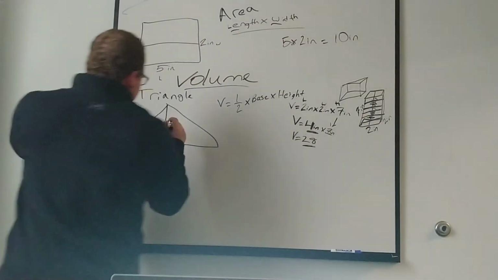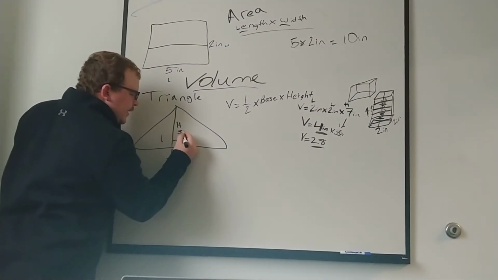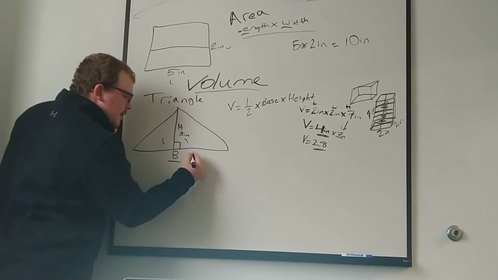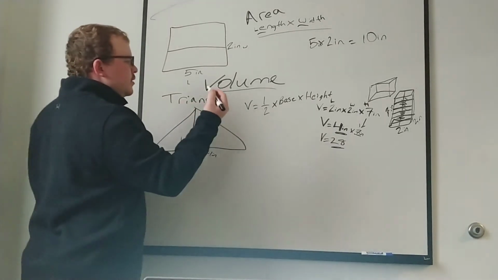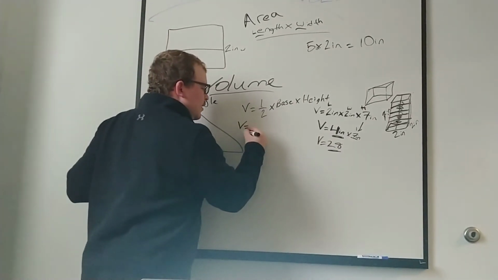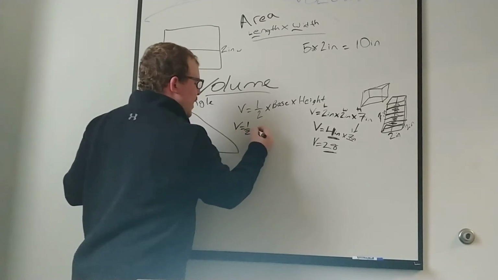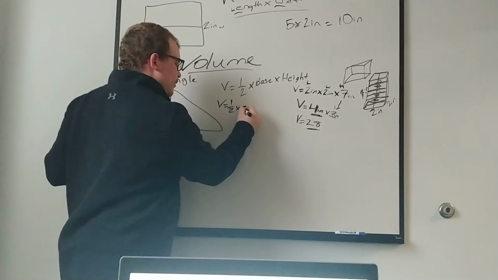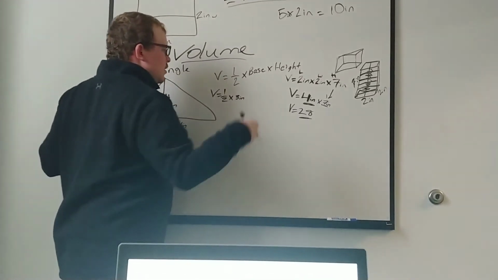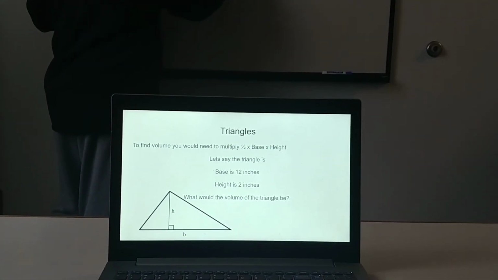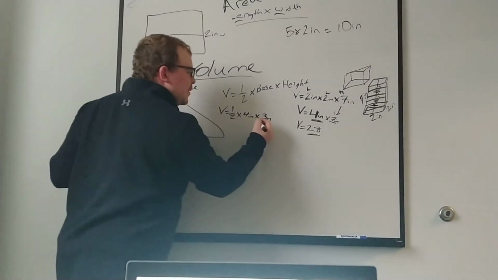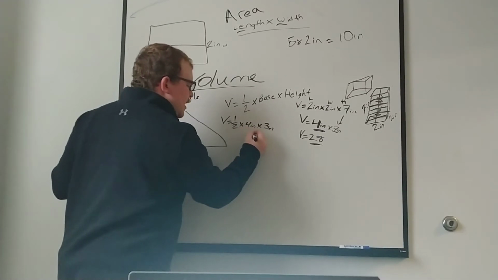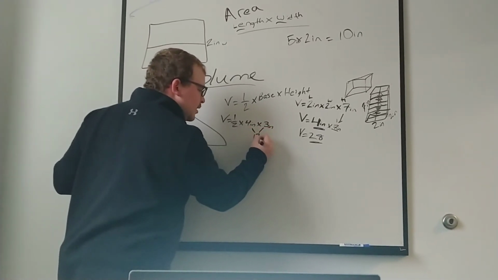So let's say our height is 3 inches, our base is 4 inches, okay? So if we had volume equals 1/2 times 3 inches, let's do base first, 4 inches times 3 inches. So if we multiply 3 times 4, it would be 12, correct?